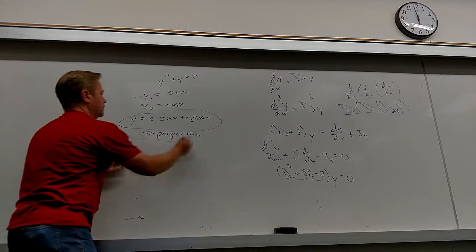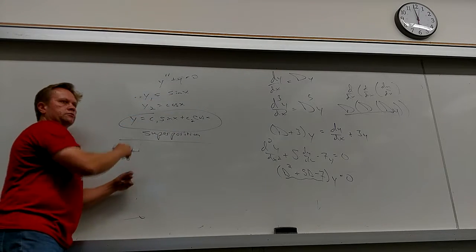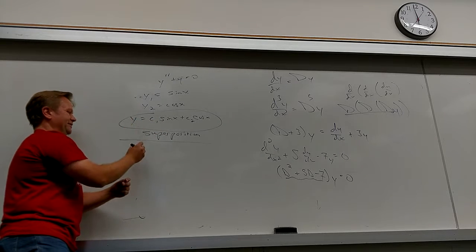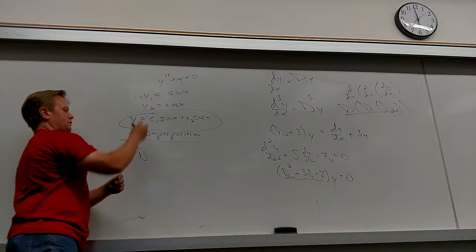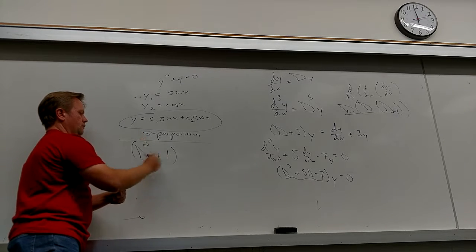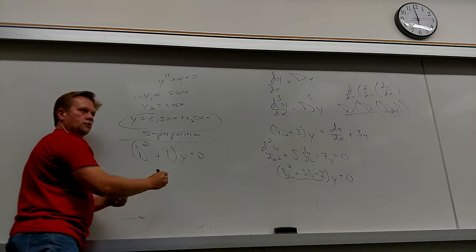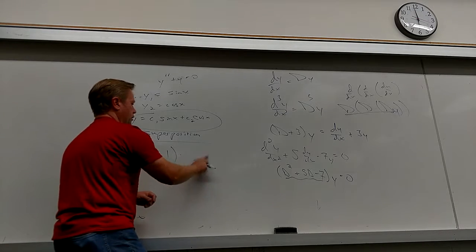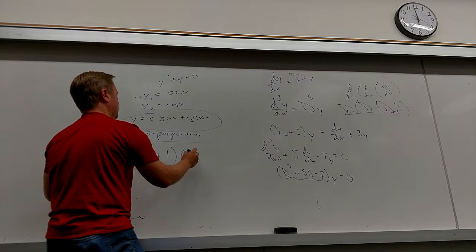So if I really want to look at this, what does this look like in terms of big old D? So it's D cubed plus D squared plus D plus 1, applied to y. All right. So now let's put in there our solution.